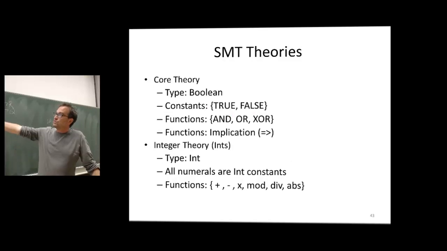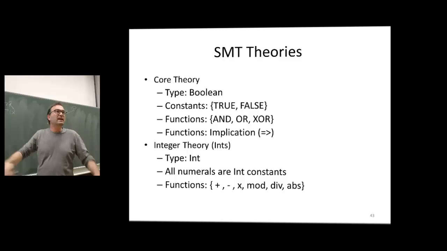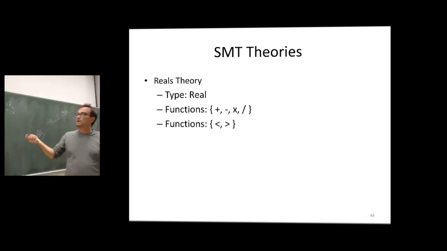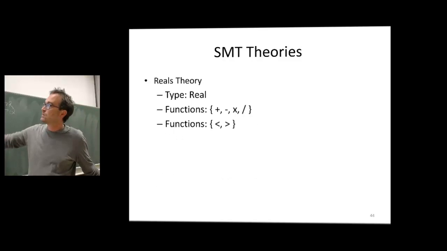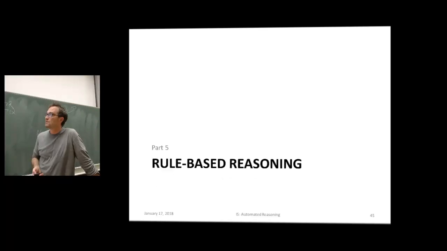And then you can use the elements from the core theory, so the classical propositional logic, and, for example, the integers theory. So you can use all the numerals as constants in the language. You can use the classical functions, the language that I was talking about. Similarly, some comparators: equal, smaller than, and so forth.